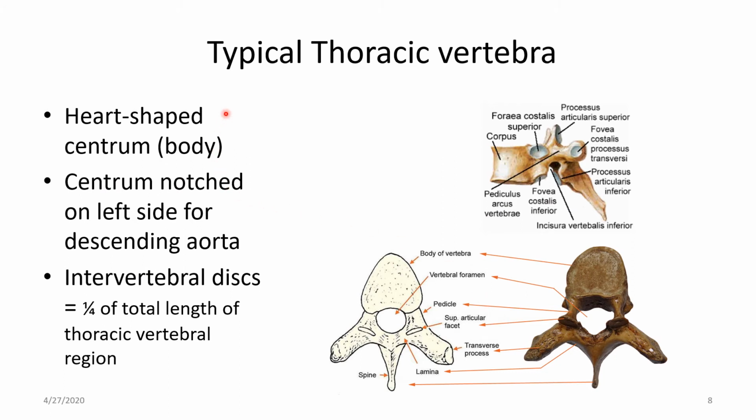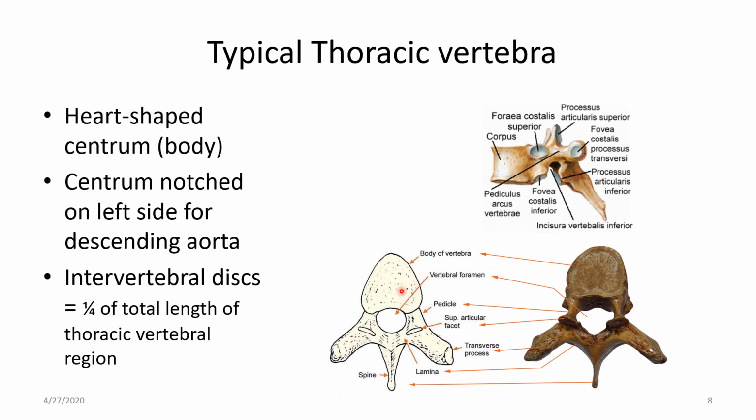You see the typical thoracic vertebra, the body is heart-shaped, and in the case of the left side of the vertebrae, it shows a notch for the descending thoracic aorta, and there will be intervertebral discs between the vertebrae.